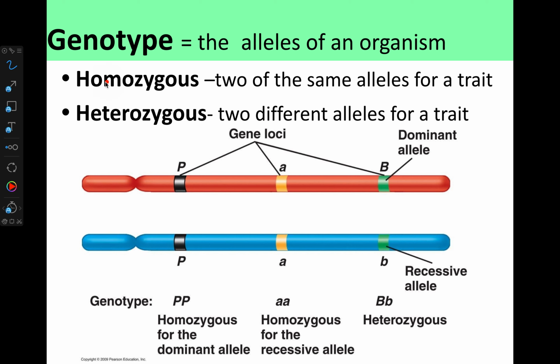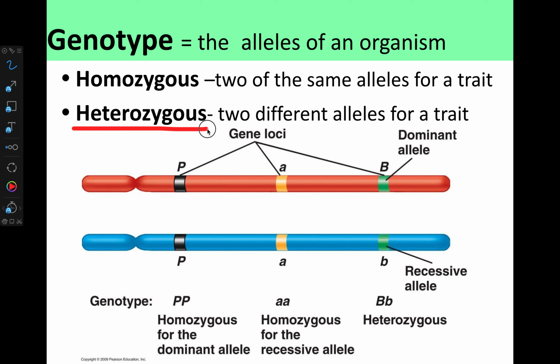So you're going to have two categories. You can have homozygous, which is two of the same allele. That could be homozygous dominant, where you have two capital letters, or homozygous recessive, where you have two lowercase letters.